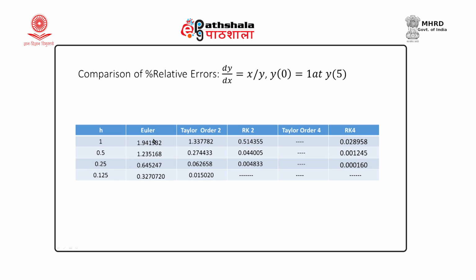So, see, Euler is reducing with the step size, but some error is there. Taylor order 2 is performing much better compared to Euler, and RK2 is performing much better compared to Taylor order 2.